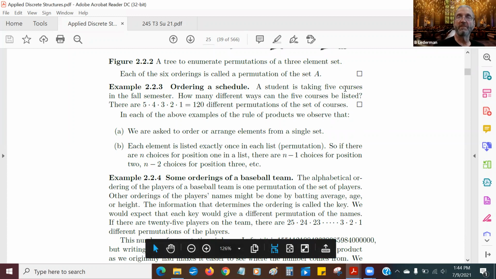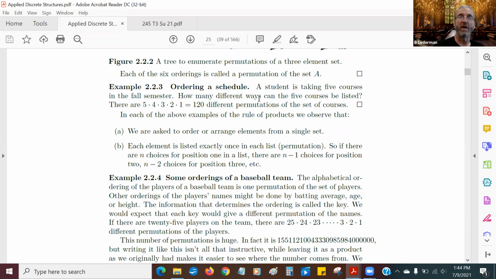A student is taking 5 courses in the fall semester. How many different ways can the 5 courses be listed? I mean, how many different orders? And the answer is 5 times 4 times 3 times 2 times 1, for the same reason as what we just had before. You can make another tree diagram if you want, but that's your business.